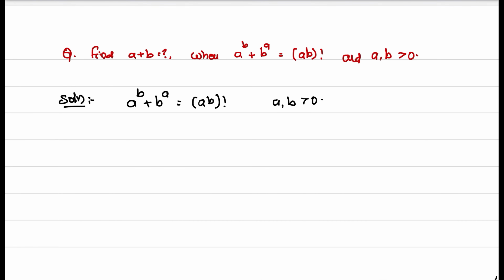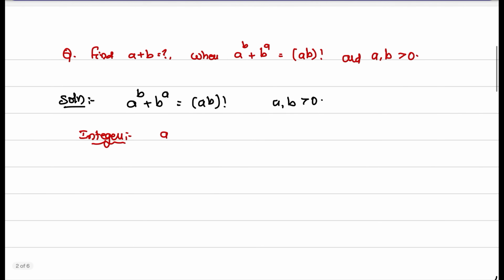Now, let us check for the integers. What is the integer value? a greater than 0, that will be a is equal to 1. Then b can be 1, 2, 3.